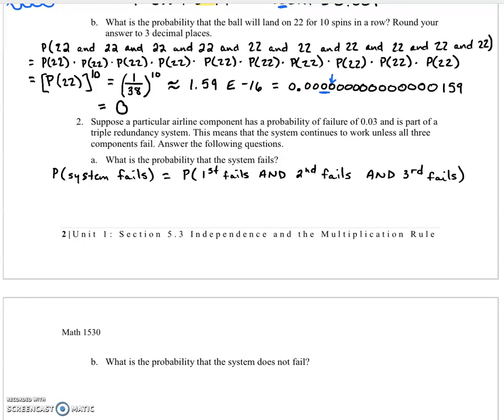Now, the way these components are set up, this is an independent probability, because when the first component fails, that has no bearing on whether or not the second or the third component fails. So that's why we can use the multiplication rule. That's the probability that the first fails times the probability that the second fails times the probability that the third fails.